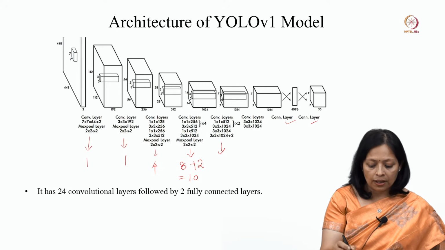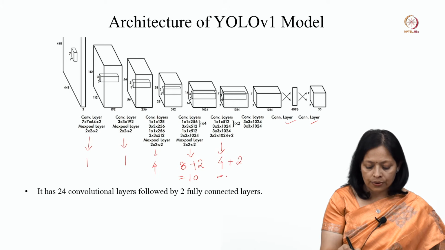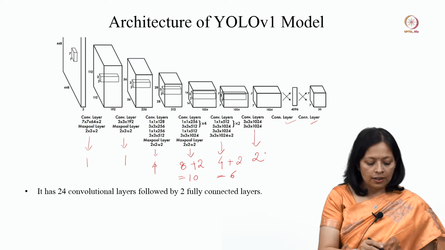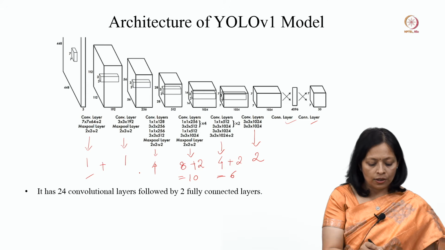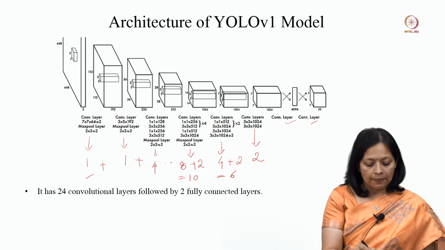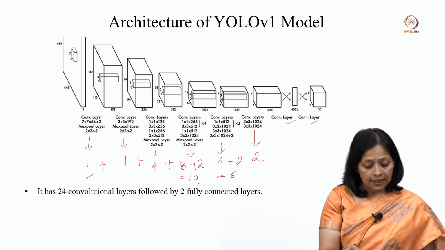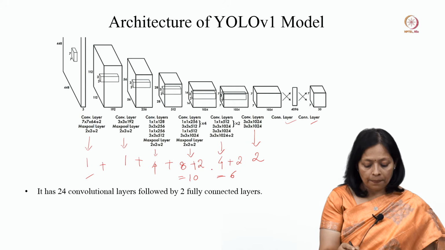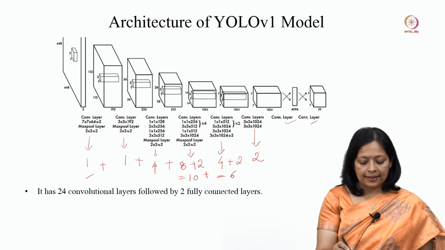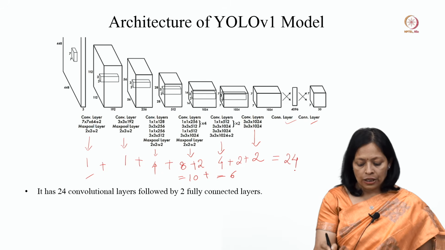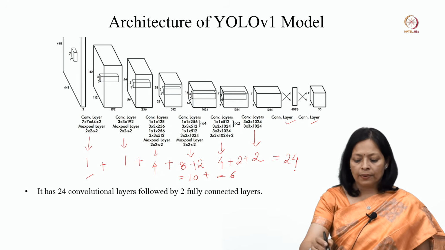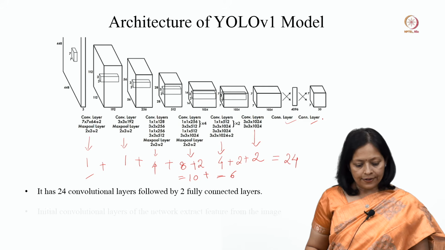From here, these 2 convolution layers times 2, 2 times 2 is 4 plus another 2, that is equal to 6. Then from here it is another 2. So, 1 plus 1 is 2, plus 4 is 6, plus 10 is 16, plus 6 is 22, plus 2, which is 24. So, there are 24 convolution layers followed by 2 fully connected layers.